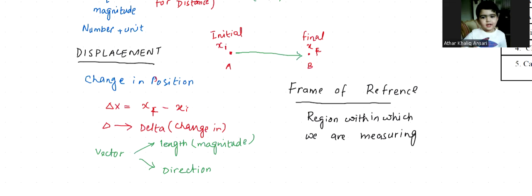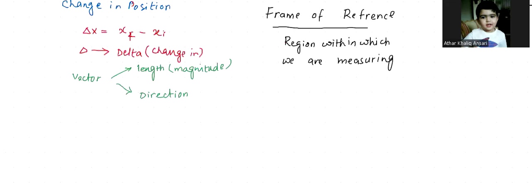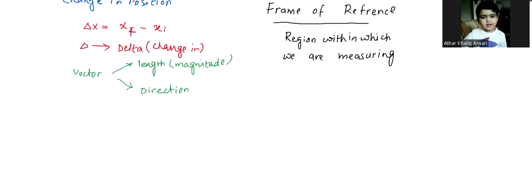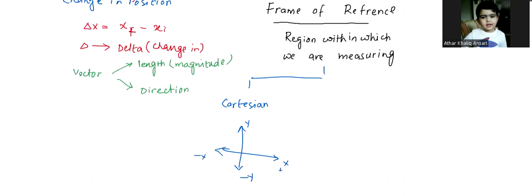As I told you, there are two basic types of frames of reference that we can use. The first one is called Cartesian. In mathematics, a Cartesian system or plane has a vertical axis, the positive y-axis and negative y-axis, and a horizontal one, the positive x-axis and negative x-axis, and the point where these two cross is called the origin.